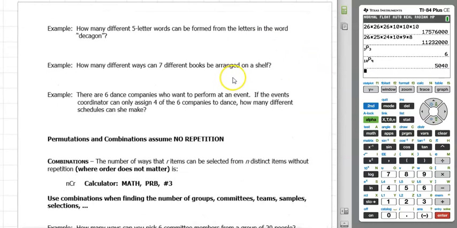And we could also do any of these examples in a very similar way, but I want to look at this example. It says, how many different ways can 7 different books be arranged on a shelf? Something that's important to notice about the formula is that here we're rearranging all the things.